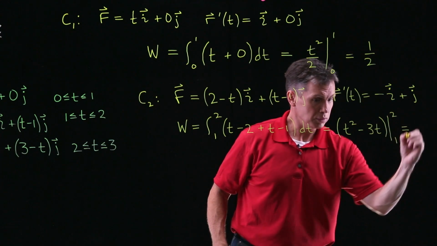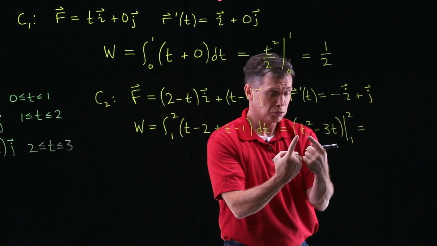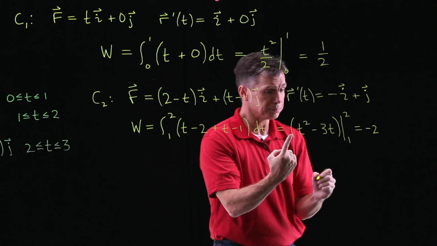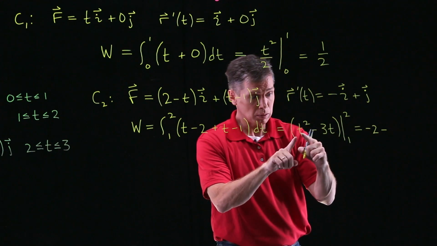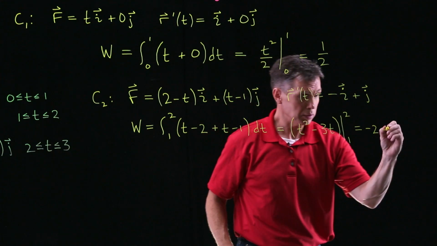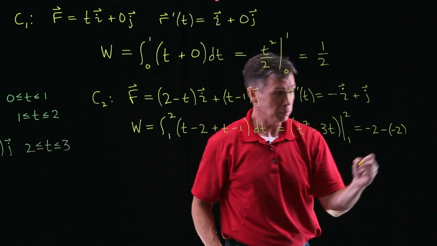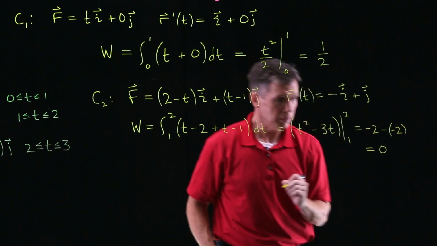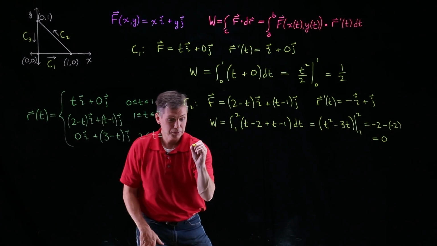If I can fit this in, I'm going to plug in my 2 squared is 4, take away 6, looks like minus 2. Subtract what happens when I plug in the 1. 1 minus 3 is a minus 2. Minus 2 minus a minus 2, that's actually equal to 0. All right. Okay, 2 branches down, 1 to go.